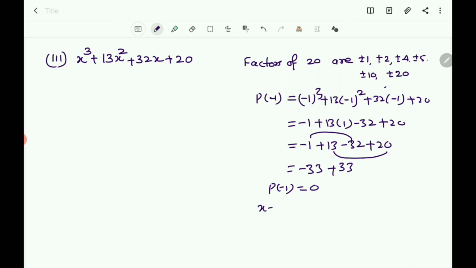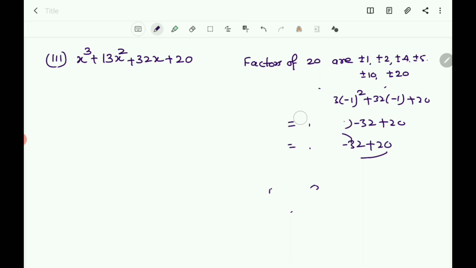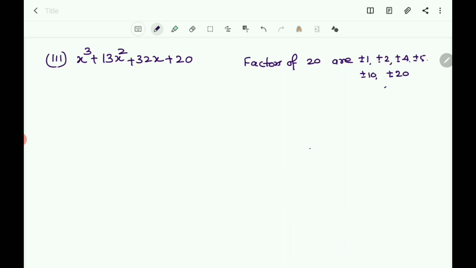Then x - (-1), that is x + 1, is a factor here. So you got one factor, and then it is possible to get the remaining factors. So you write p(-1). p(1) is not possible. Why? Because all the terms have a positive sign. Then you take (-1)^3 + 13(-1)^2 + 32x + 20, and for x you must put -1.